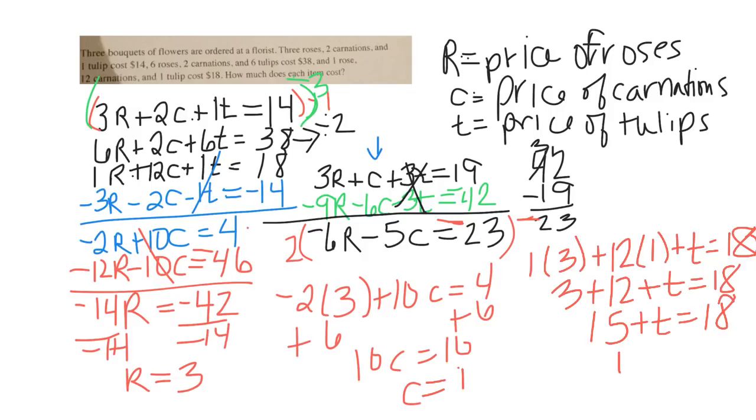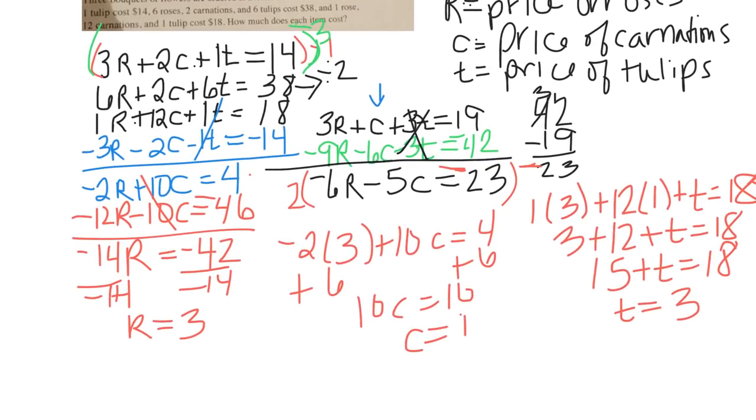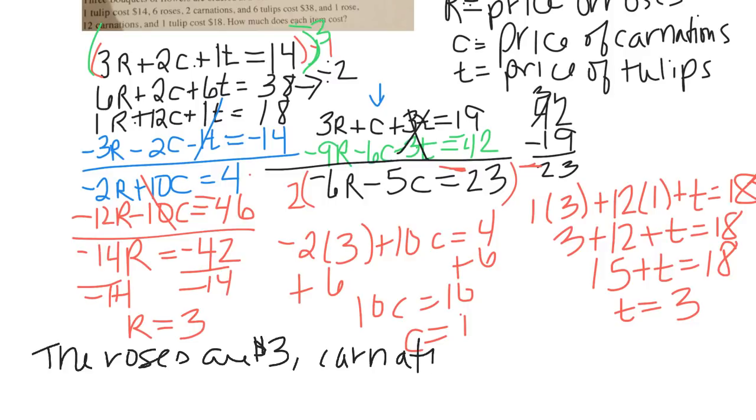And t equals 3. And so again, this is a word problem, so we want to say in a sentence, the roses are $3, carnations are $1.